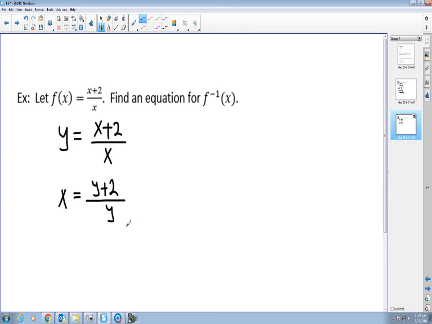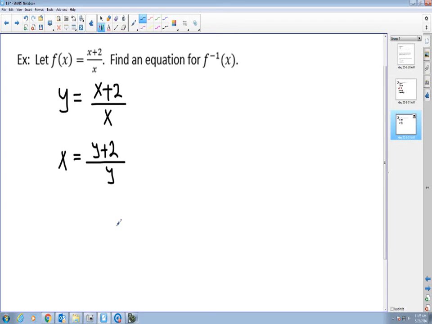Now to solve for y, I need to bring this y from the denominator to the numerator. Since I only have two terms here, I can treat my x as x over 1 and use a cross product, saying x times y is xy, set equal to y plus 2.